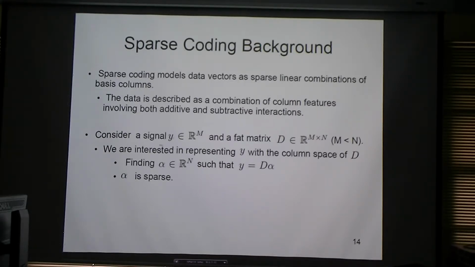For example, consider that we have Y as a signal and the fat matrix D, and we are interested in representing Y with the columns of D, and we try to find alpha such that Y is equal to D alpha, and alpha is sparse. Sparse means that most of the coefficients of alpha are 0.